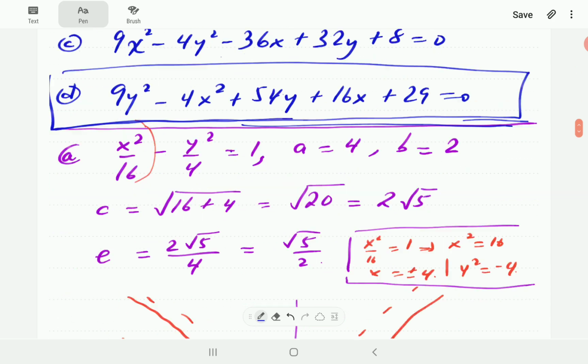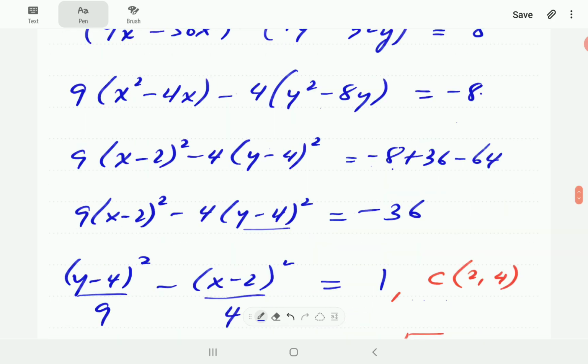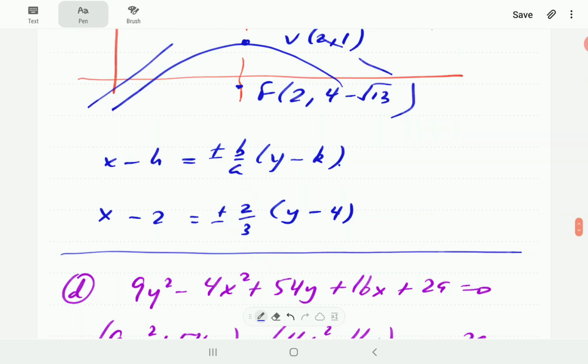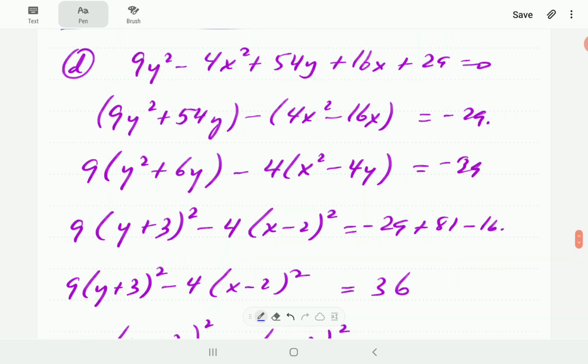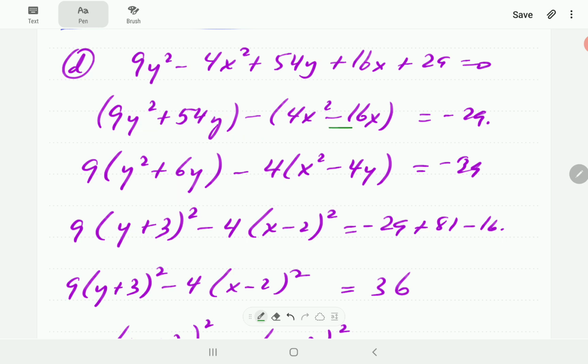I'm now going to scroll down to our solution for D. Okay, so we're going to start by grouping the terms. So the y terms together, the x terms together, the constant to the left hand side.